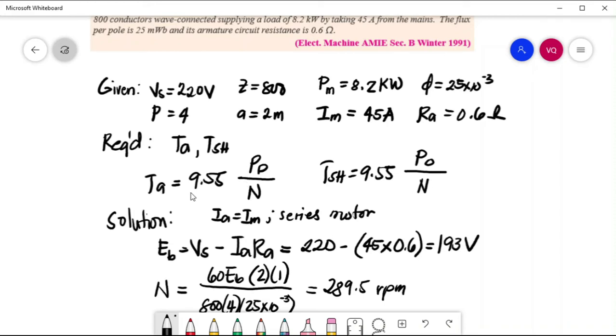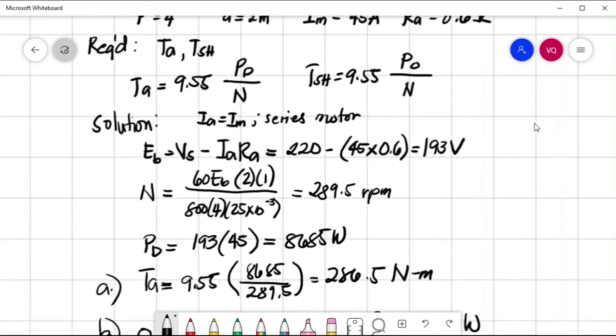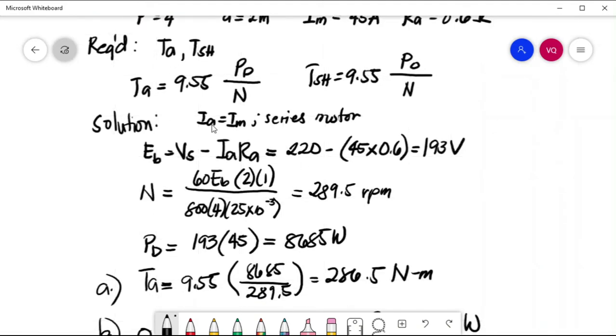So armature torque is 9.55 times the power developed divided by the speed. Shaft torque is 9.55 times the output power divided by the speed. In a series motor, the armature current is equal to the current in the motor, since it is a series. So back EMF is equal to the source voltage minus the drop, that is equal to 193 volts.